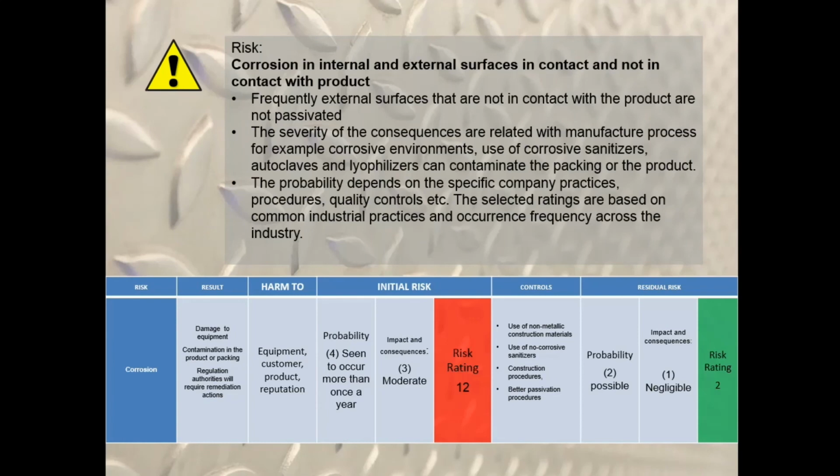Dusty iron oxide in autoclaves and lyophilizers can contaminate the product and the packaging. Some of the controls are the use of non-metallic materials, the use of non-corrosive sanitizers, adequate construction procedures, and better passivation practices.